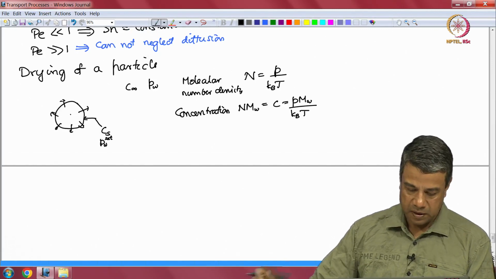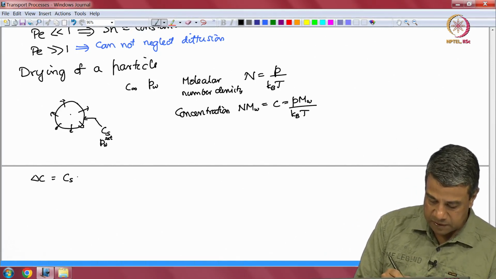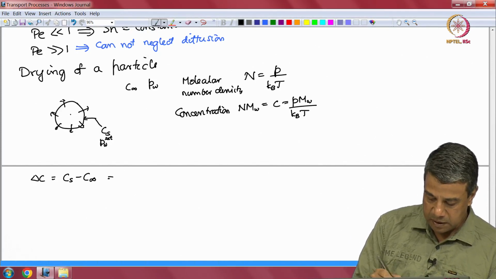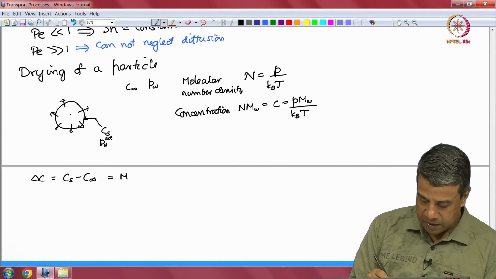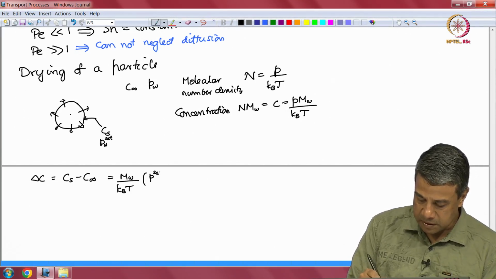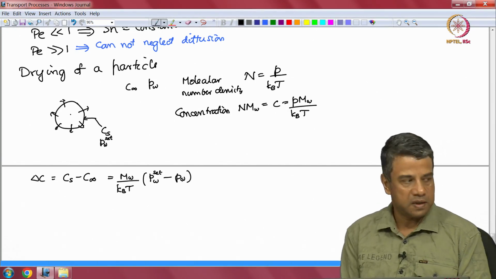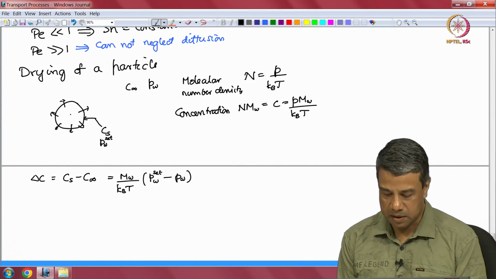Therefore, delta C, equal to C surface minus C infinity, is going to be equal to mW by kBT times the saturation pressure minus the pressure in the ambient.